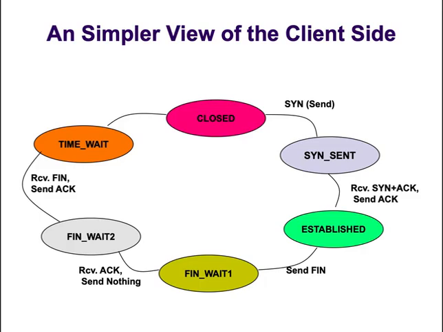When you receive an ACK, you can't send anything more. You're now waiting for the other side to be done. When you receive the FIN from the other side, you send an ACK, you wait for some time, and you're closed. Okay? So this is a simpler view of the TCP state diagram at the client or sender side. Any questions on this?